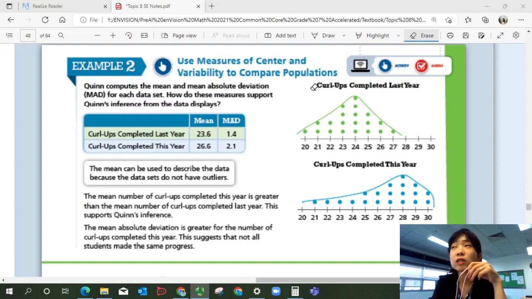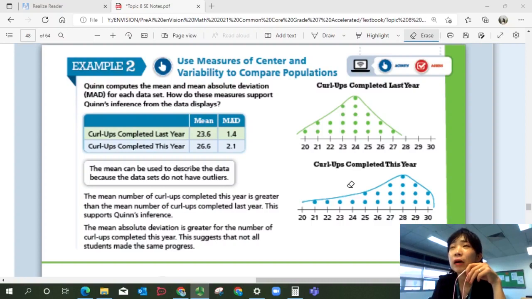And if it's a greater number, that means your data is more spread out on average, right? So if you see the MAD numbers, 1.4 for last year and 2.1 for this year, it tells you that because MAD is greater this year, the data would be more spread out.